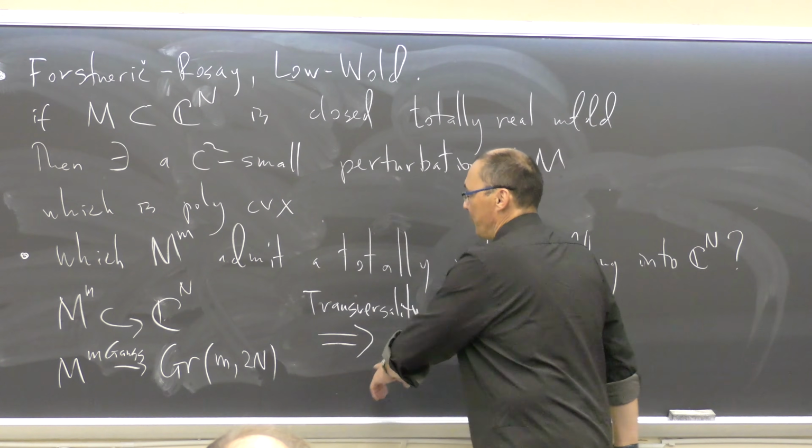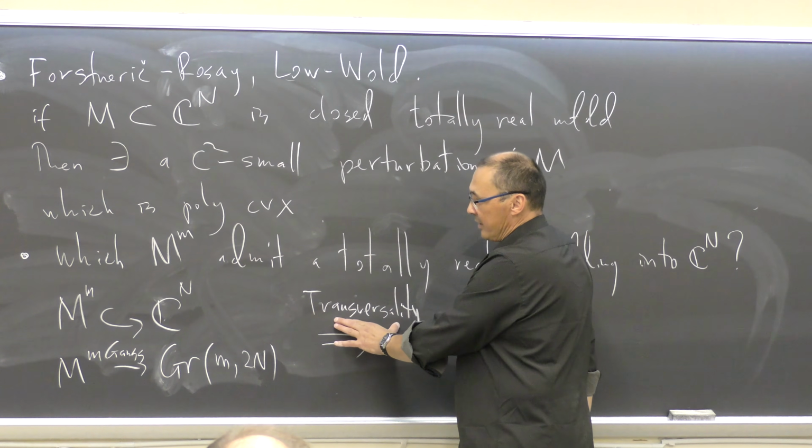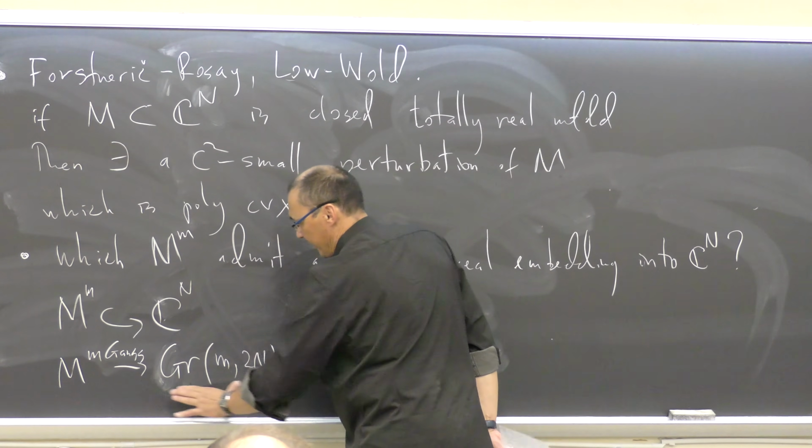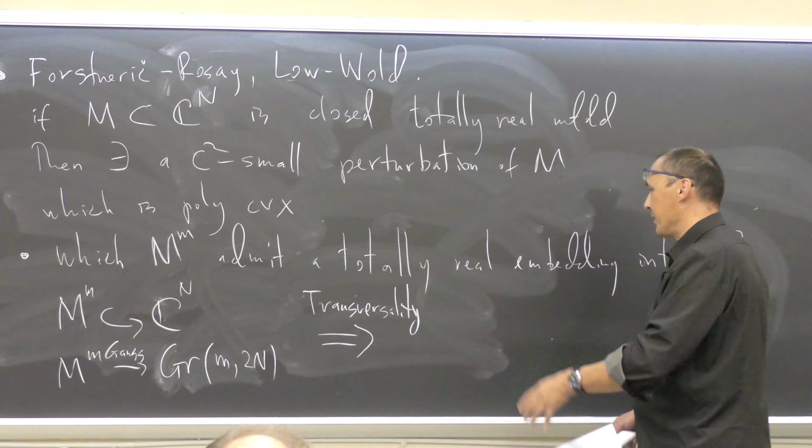Okay, there are 2 ways to do that. You can either use a parametric transversality theorem, or you can do that in jets instead of looking at the Gauss map, in which case you can use Thom's transversality theorem, but it gives the same result.